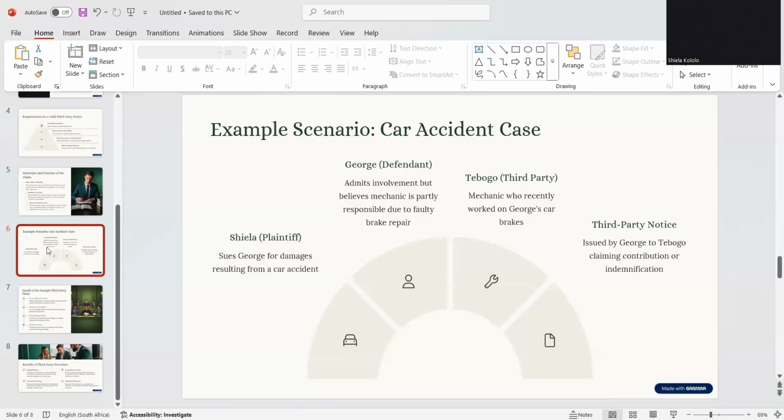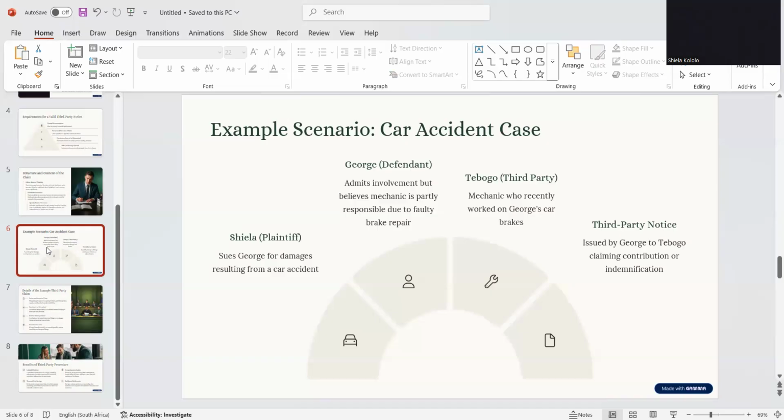I took my car to him just because the brakes needed to be changed. Over time in a car, you need to change your brakes, and that's the reason why George took his car to Tebogo. But Tebogo did a bad job, and George's brakes were not working, and as a result, caused an accident, right?